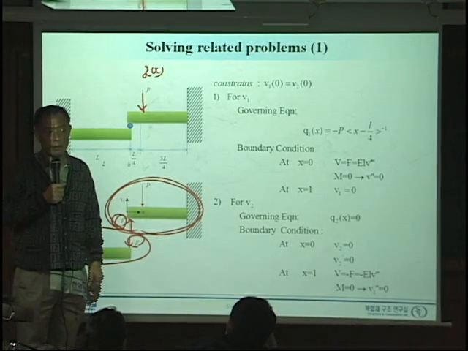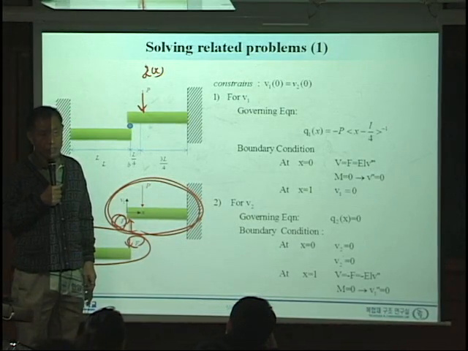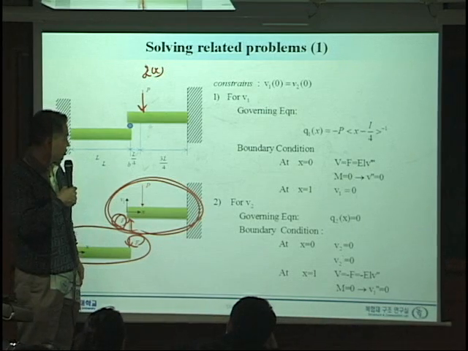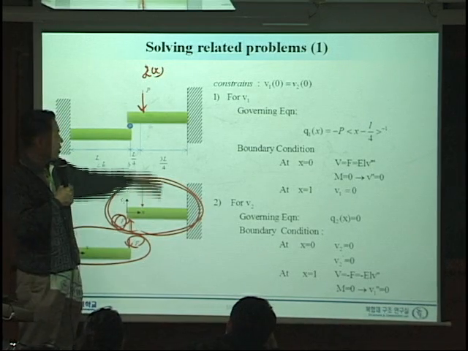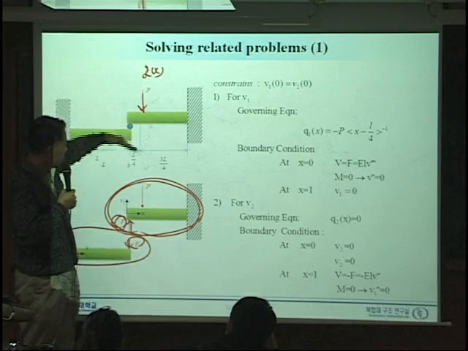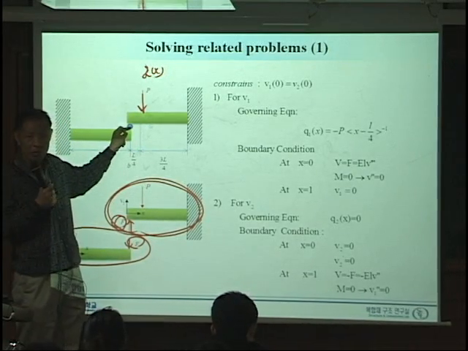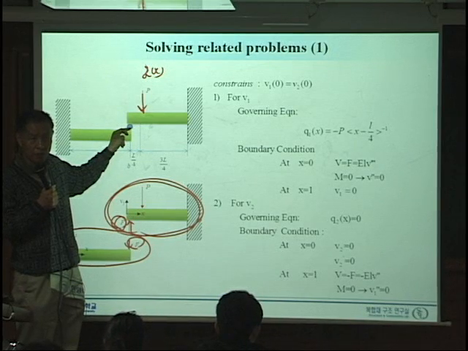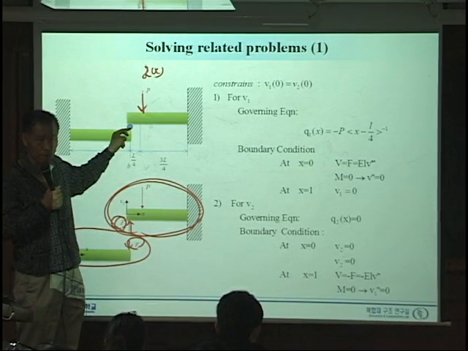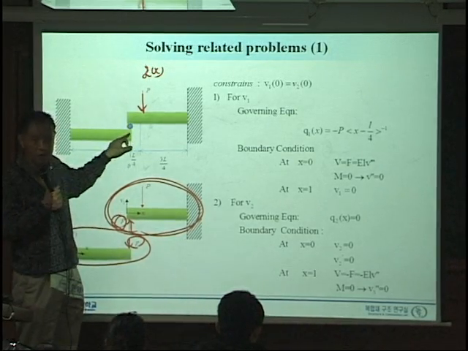And then, what is the condition we can make use of here? Whatever deflection we have at the contact point, the deflection should be same for this one and this one, right?